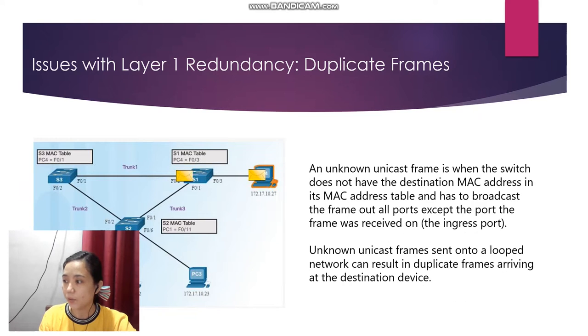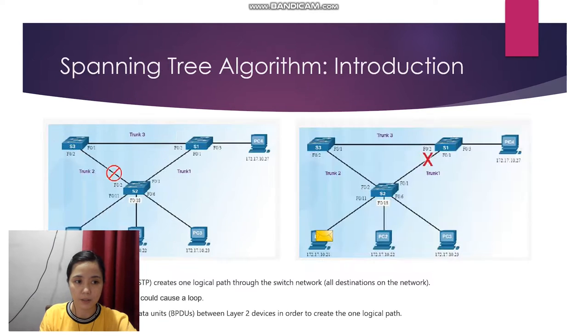An unknown unicast frame is when the switch does not have the destination MAC address in the MAC address table and has to broadcast the frame out of all ports except the ingress port, the port that the frame was received on. Unknown unicast frames sent onto a looped network can result in multiple frames arriving at the destination device.